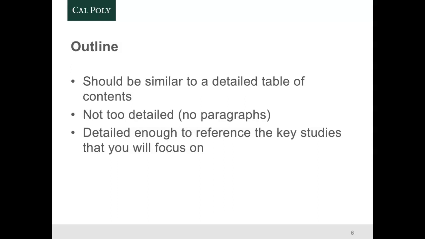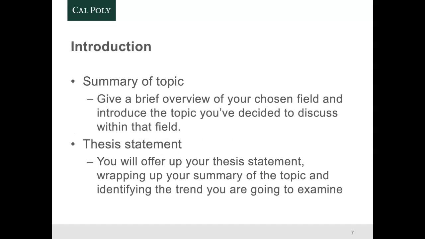In terms of the sections of your literature review paper, you're always going to start with an introduction. Remember, this should funnel down. So you start with a broad introduction to your chosen topic, and then you start to hone in on the specific question that you're looking at in your paper.